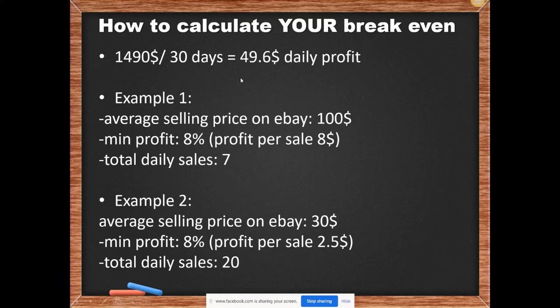So if you made 7 sales a day and you made an average of $8 profit per sale, you made $56 in profit that day. So if you take a look at SaleFreaks' profit history that day, let's say it happened yesterday, yesterday you made seven sales at $8 profit.